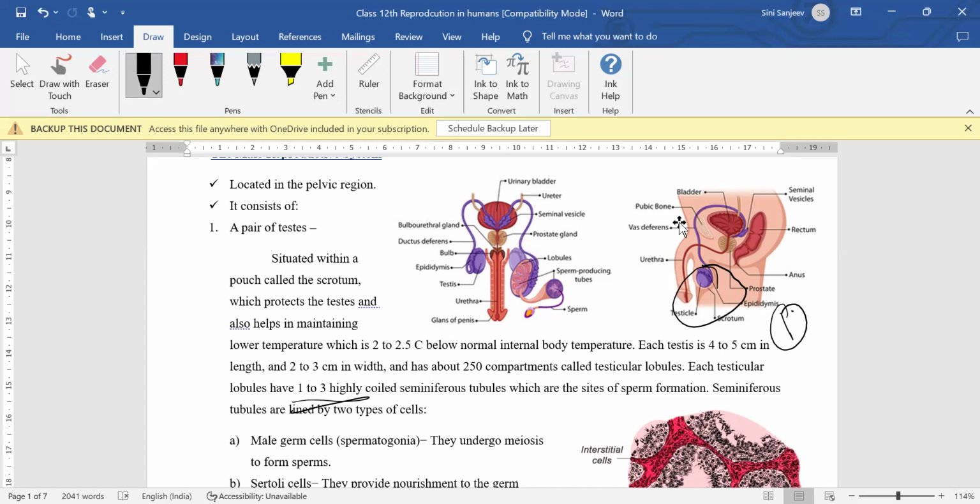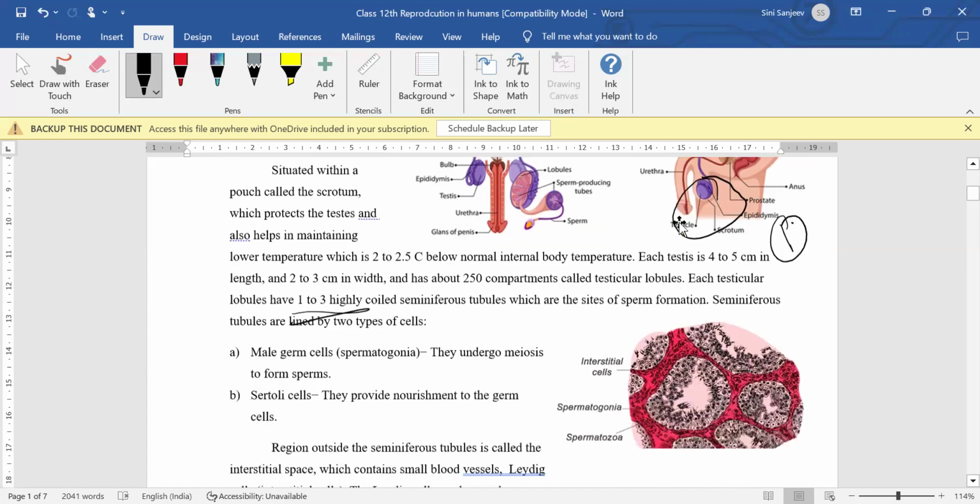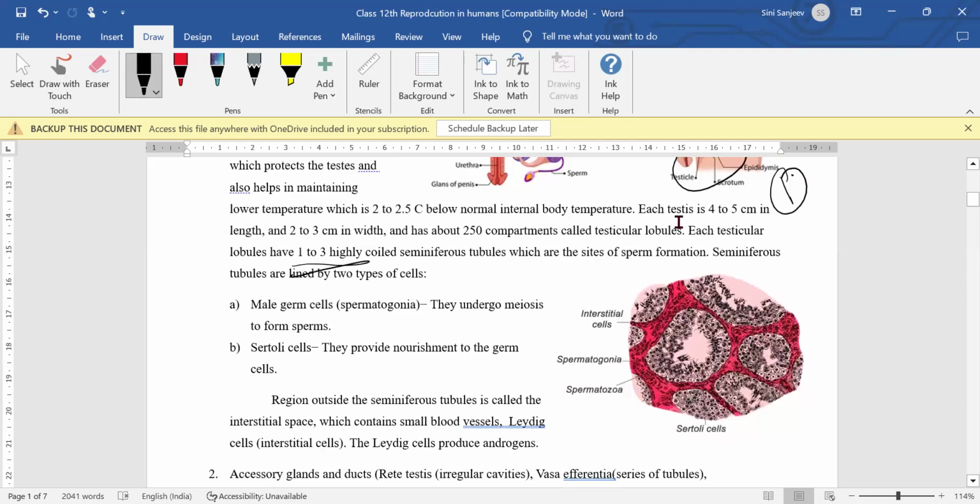Right? Now in these seminiferous tubules, there are basically two types of cells present: the male germ cells and the Sertoli cells. Now, this is the image where you can see the Sertoli cells as well as these small things over here. They are the male germ cells.